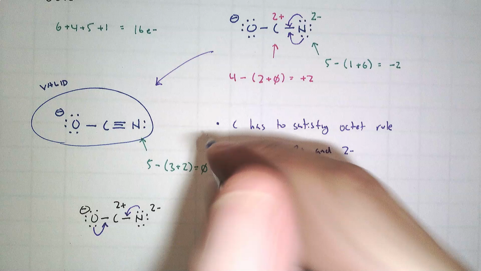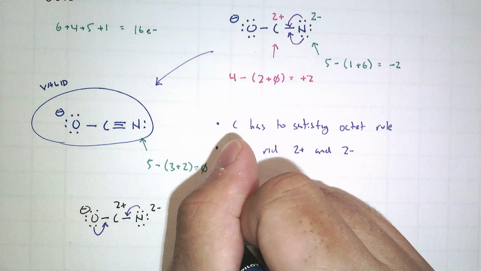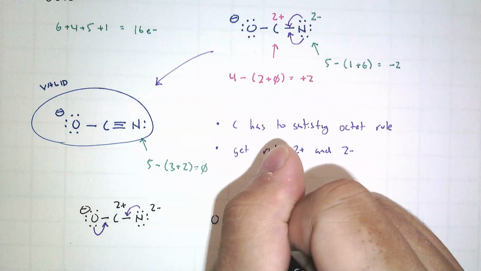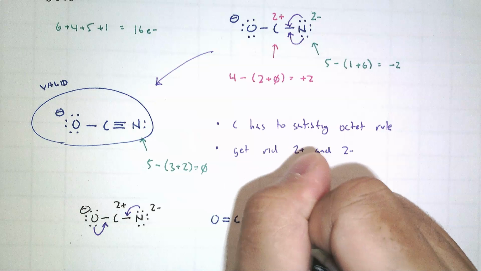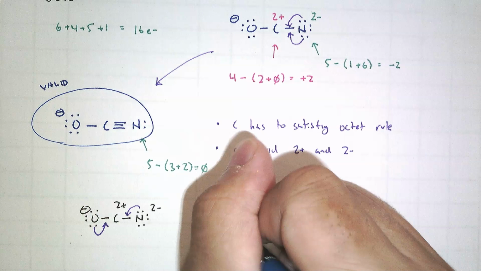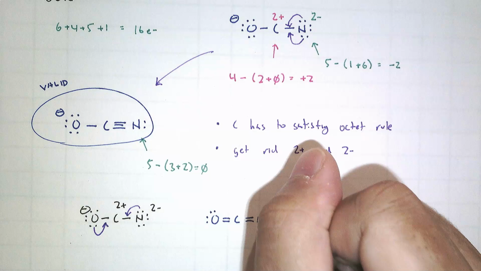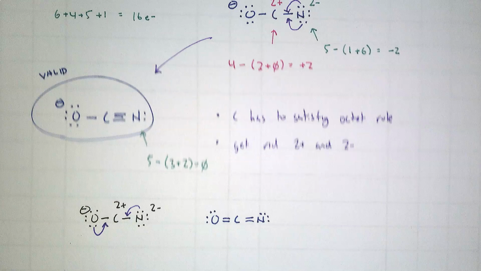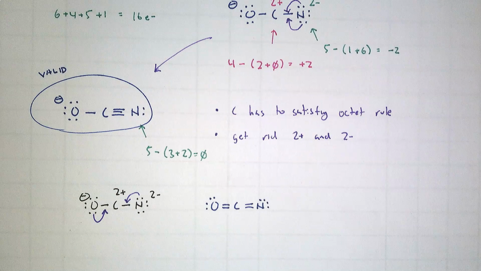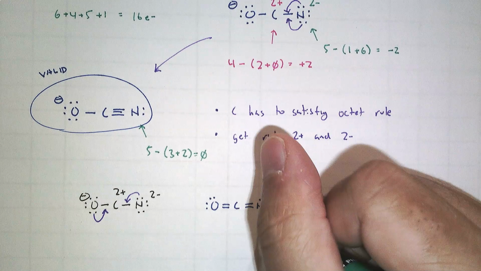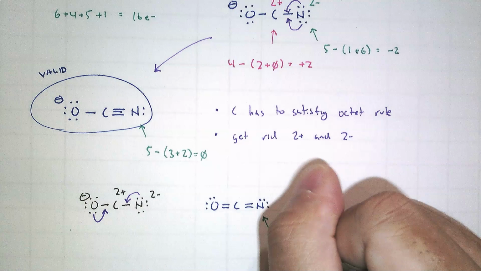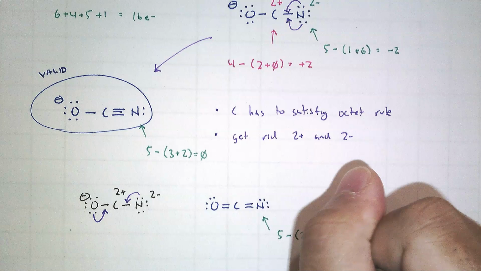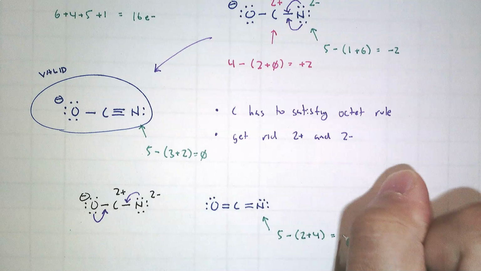Look at the result. The result is O with a double bond to carbon, carbon with a double bond to nitrogen. You have 2 lone pairs for oxygen, still 2 lone pairs for nitrogen. Where's the charge? The charge is here. N has 5 valence electrons minus 2 sticks plus 4 balls equals -1.